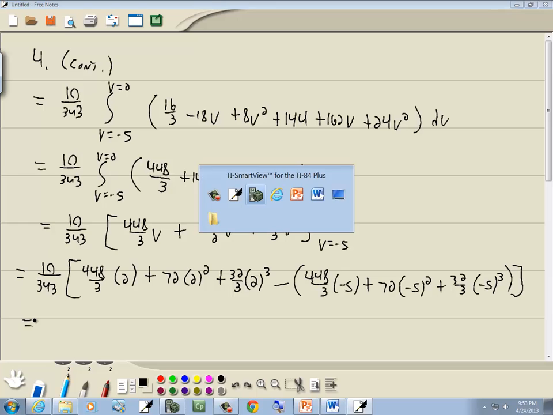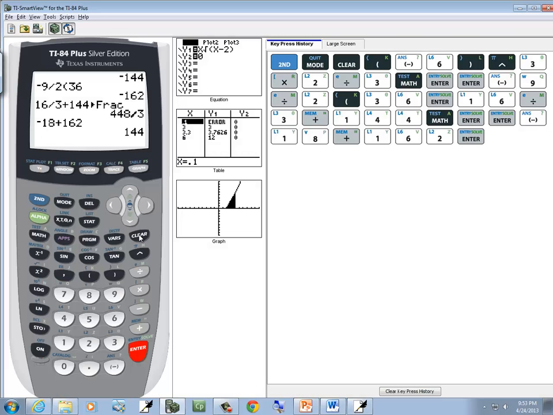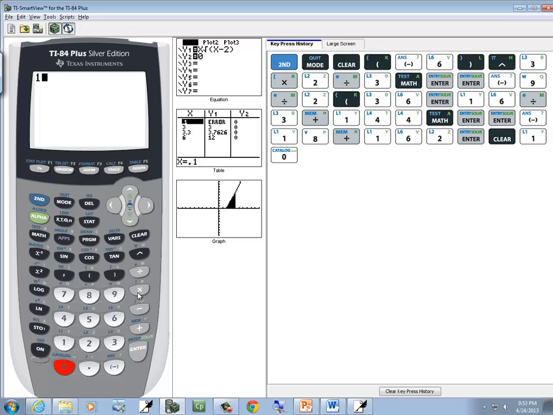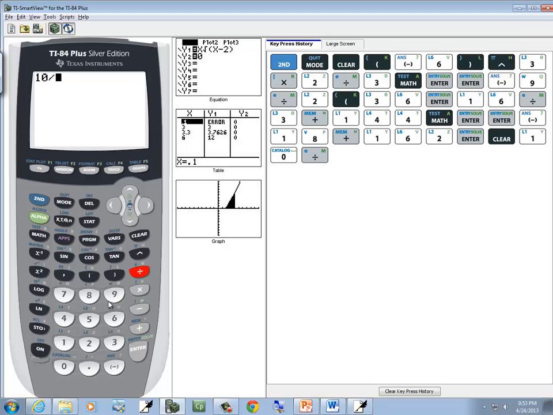Now let's see if I can type that in without screwing it up. So we've got 10 divided by 343.